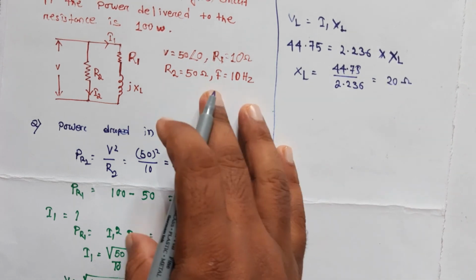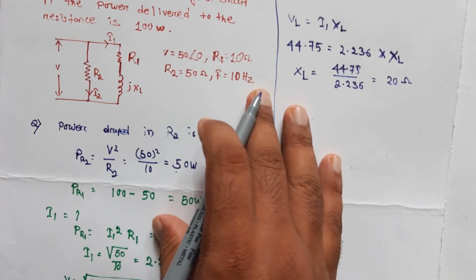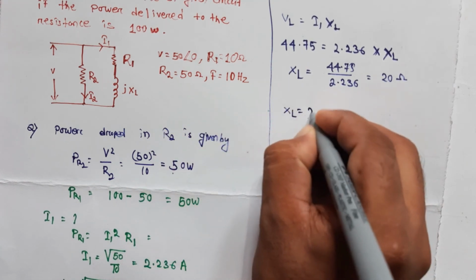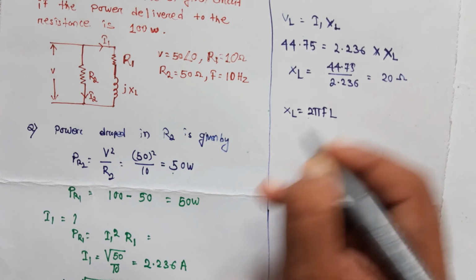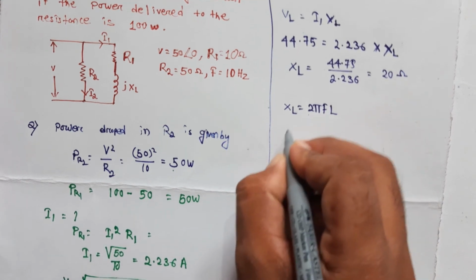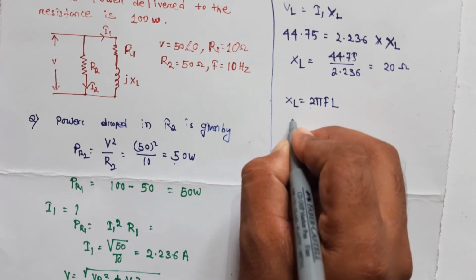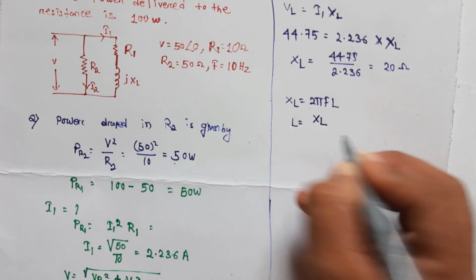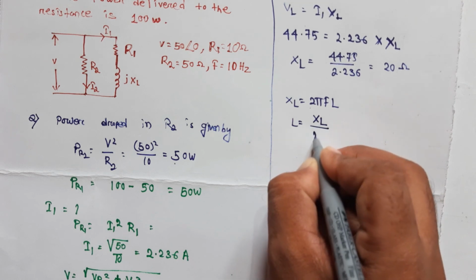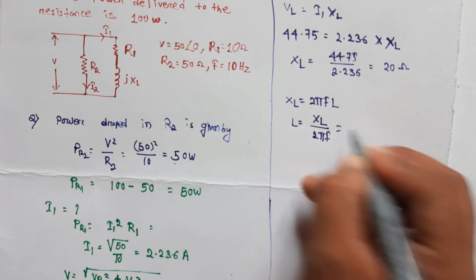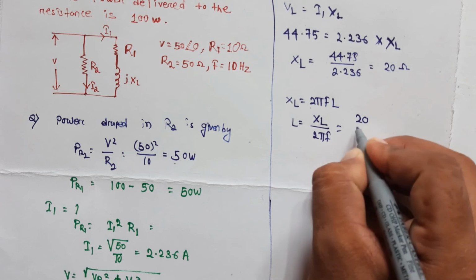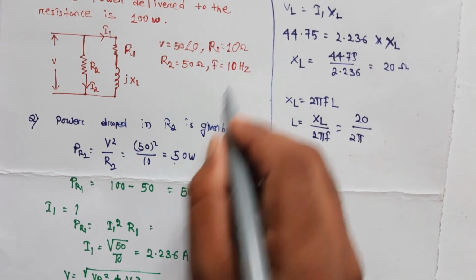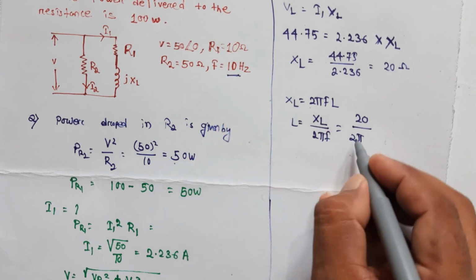But our objective is to find the inductance. We know that XL equals 2 pi FL, so we can find L equal to XL divided by 2 pi F. We know the XL value is 20 ohm, and F is given as 10 hertz, so we put 10.